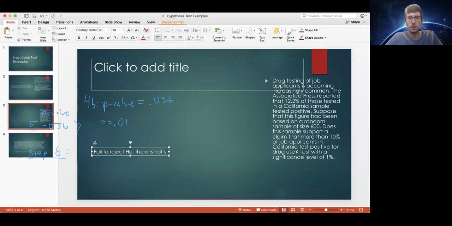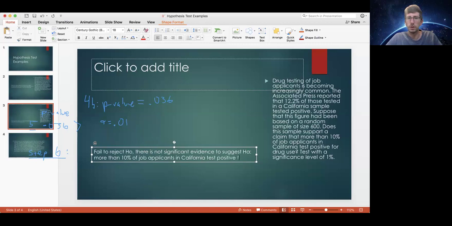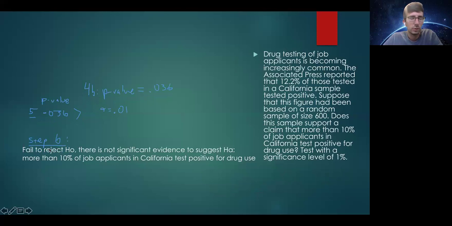We say there is not significant evidence to suggest HA, which was more than 10% of job applicants in California test positive for drug use. Okay. So this would be our conclusion. We failed to reject H0 because our p-value is greater than our alpha.